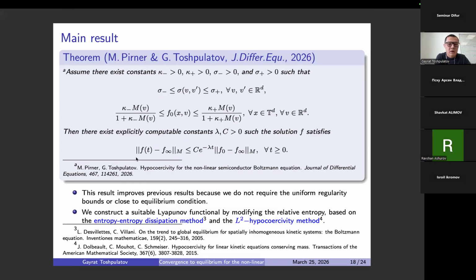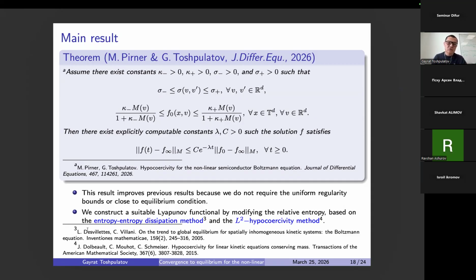And our idea of the proof is that we construct a suitable Lyapunov functional by modifying the relative entropy. Our ideas are based on two methods in kinetic theory.